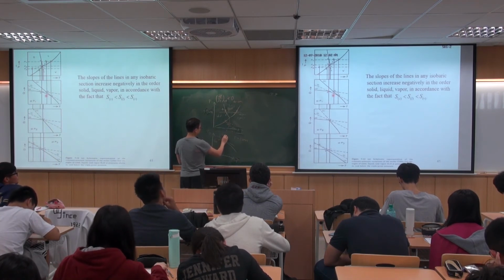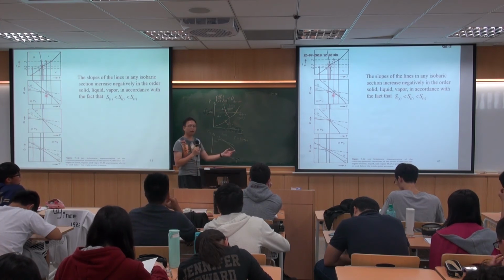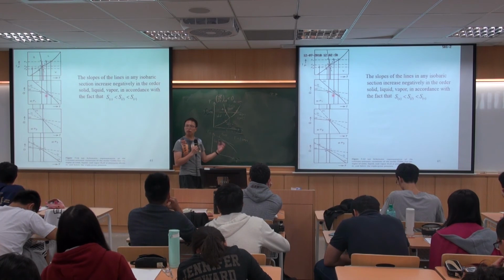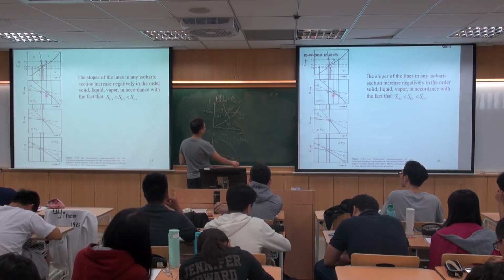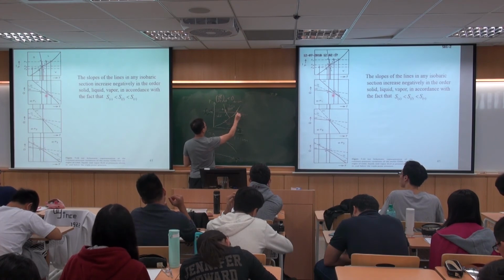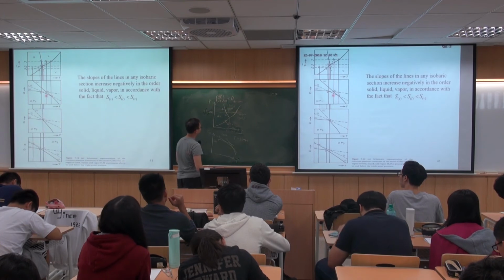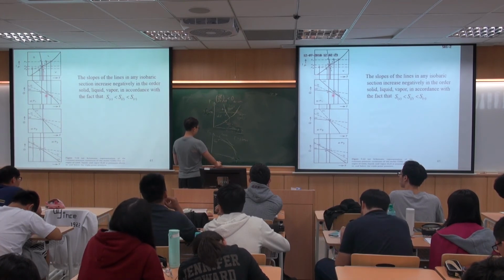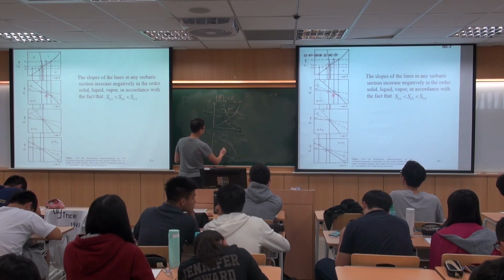And we've already seen this before. First of all, let's review that the slope should be negative, and the curvature should also be negative. So it's bending downward. But now we also have this transformation from liquid to vapor, and it should be going downward like this. And we know that this point is the melting point.